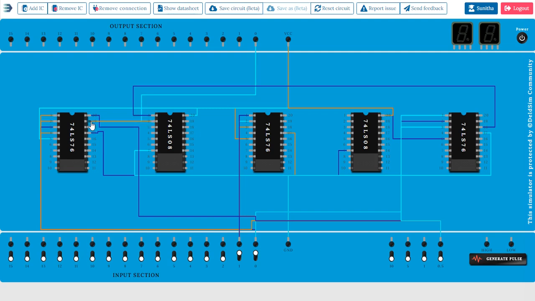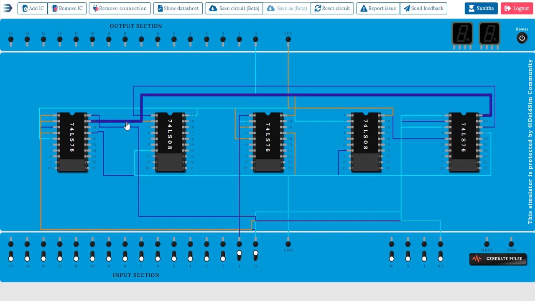The third connectivity is from pin number 15 of the first flip-flop to the second AND gate, and at the same time from pin number 15 to pin 16 of your second IC, as well as from pin number 15 to the 16th pin of the third flip-flop. So all the 5 connections which move from pin 15 we have done.